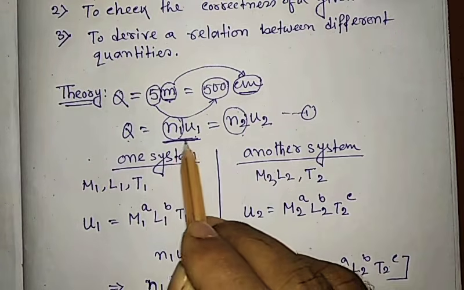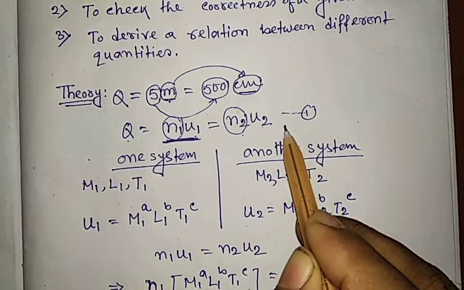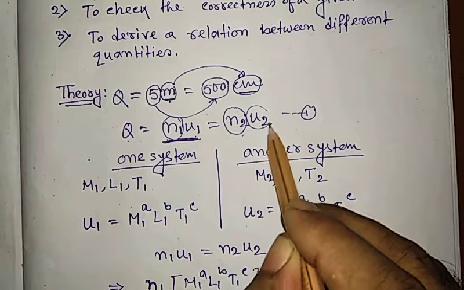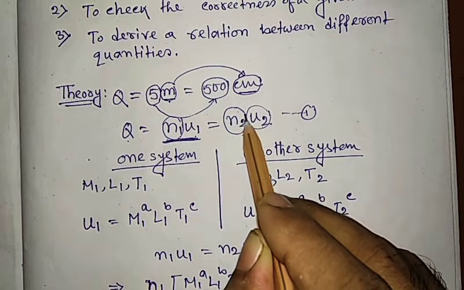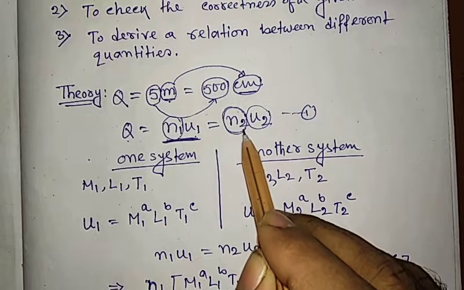This is the known quantity, and you have to convert it to another unit where the magnitude is unknown. You have to find it out.